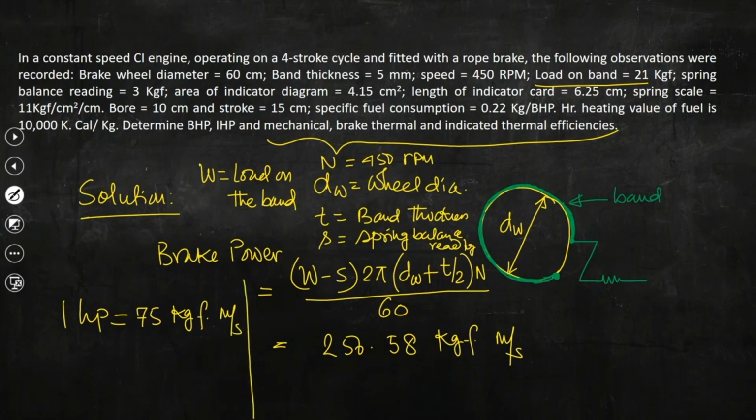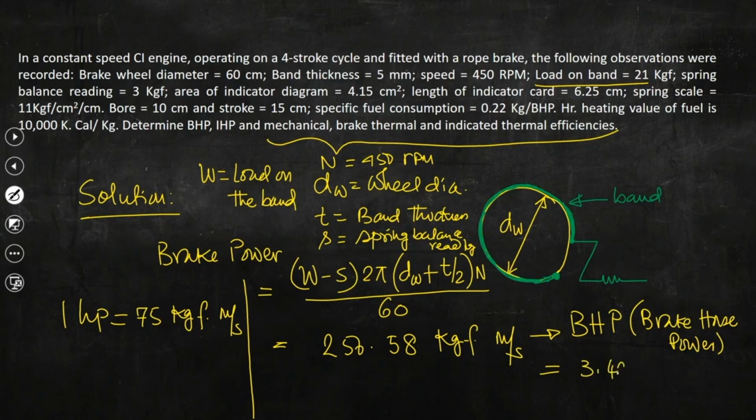So, we can convert it, and from there we can calculate bhp, the brake horsepower, which would be equal to 3.42 horsepower.